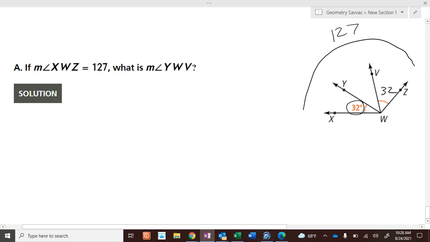So if this is 32, this is 32, and this whole thing is 127, what's the missing part in the middle? How do I find the missing part in the middle, Jillian? Exactly. Add 32 and 32, so make 64. Subtract that from 127, and I get 63. So the missing angle is 63. And I think that's it.